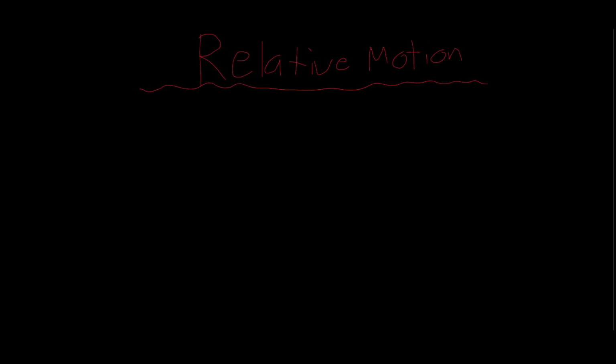All right, so the final thing that I want to touch on in this video is relative motion. Relative motion will come up a couple times on the AP exam, and it is when an object is moving, let's say, in the positive x direction, and another object is moving in the negative x direction.